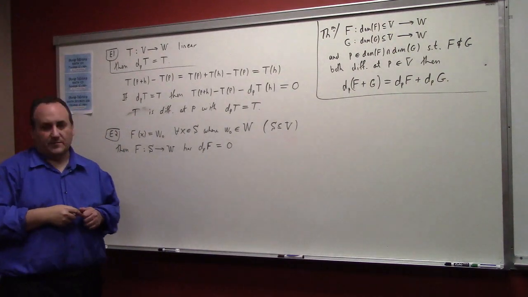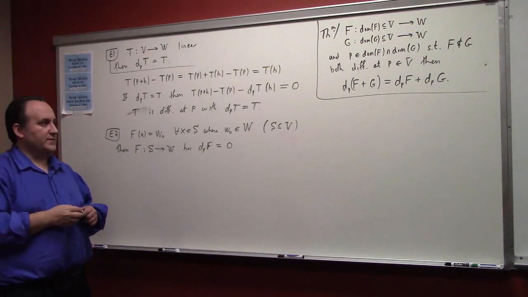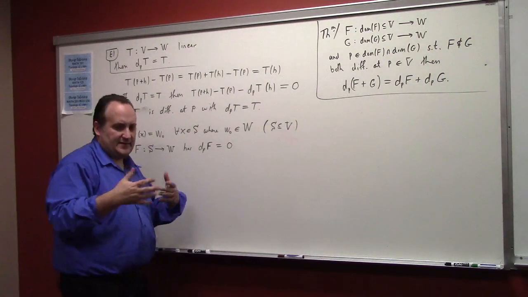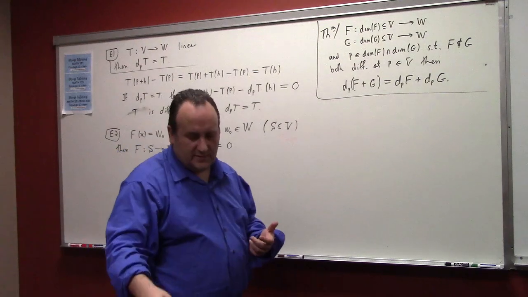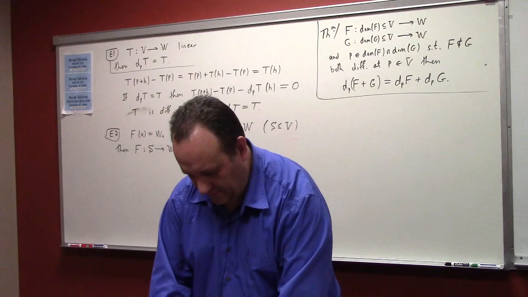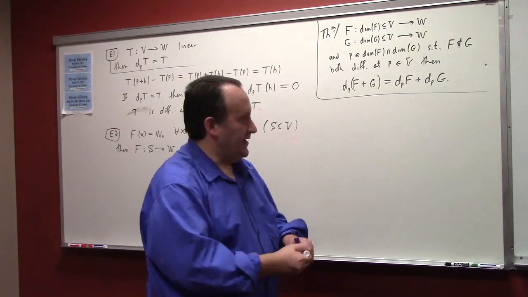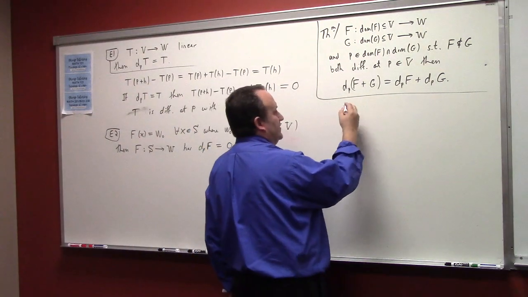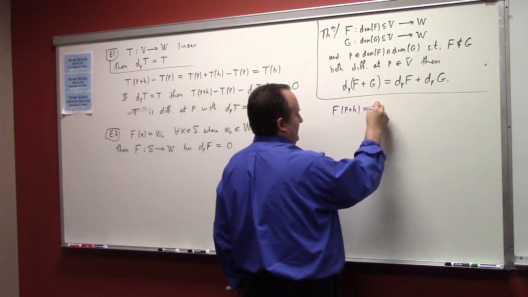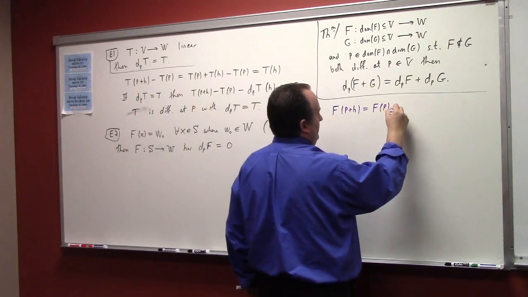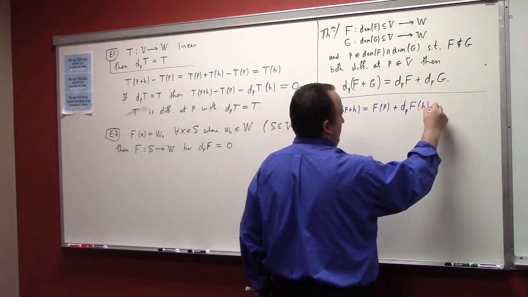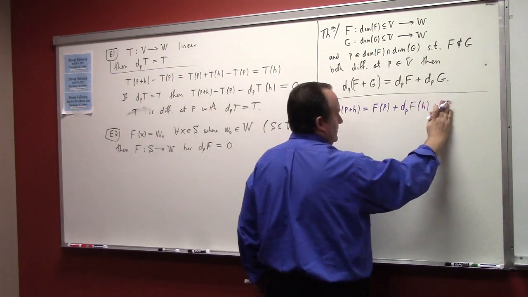Well, maybe I should prove it. I don't know. But the proof goes something like, oh, fine, let me prove it. I will use the technology that we introduced last time to make the proof easy. So what did we have last time? We introduced the error function. Differentiability at p means that we can write f of p plus h as equal to f of p plus the differential at p of f times h plus the error function eta.